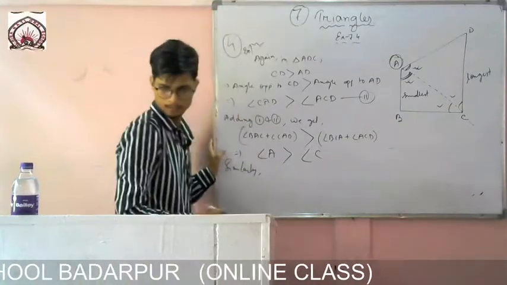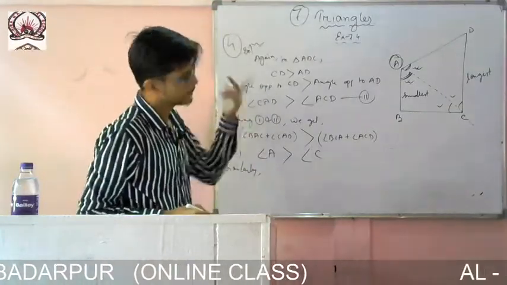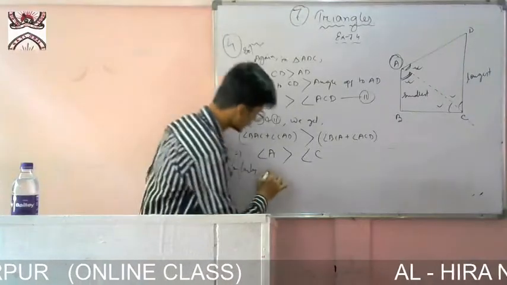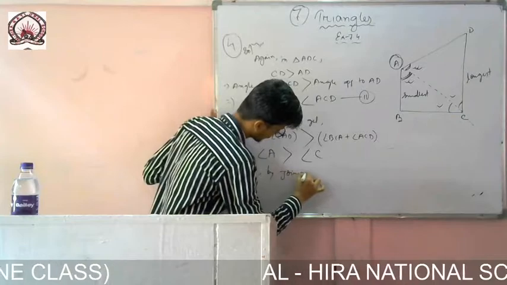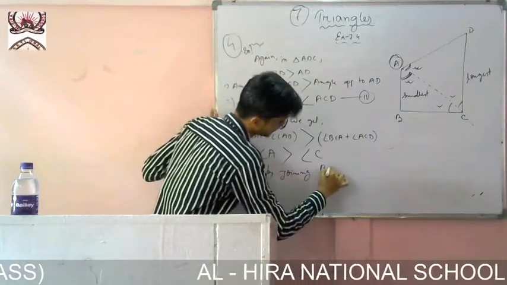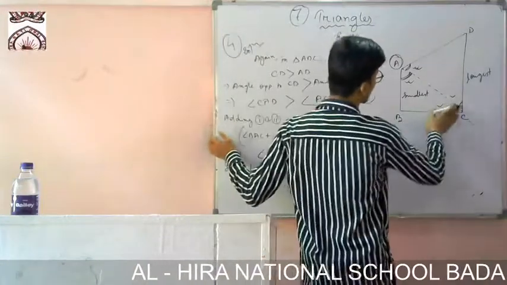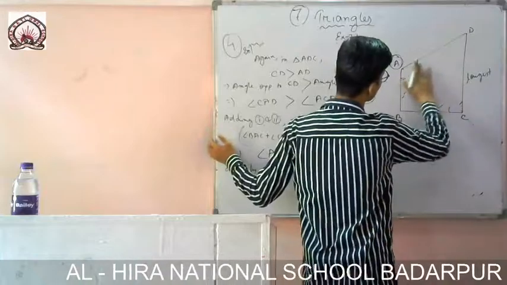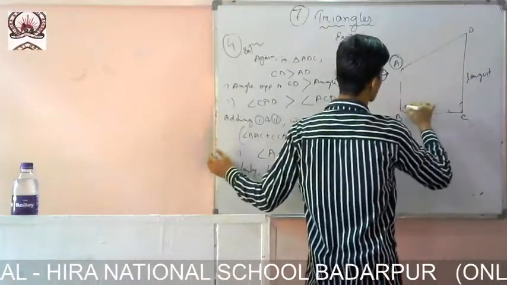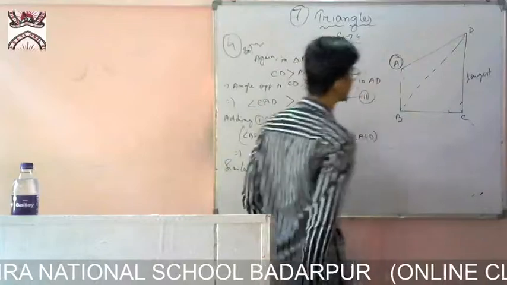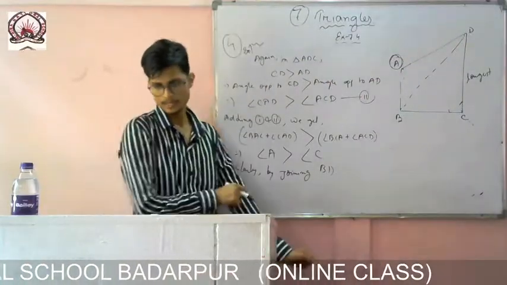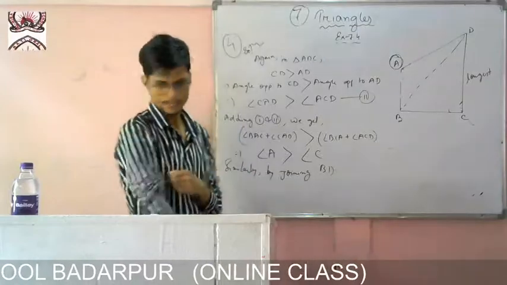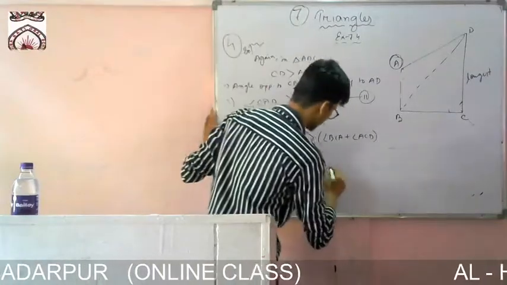Similarly, by joining BD, if I want to prove the other one, then I have to join this side.